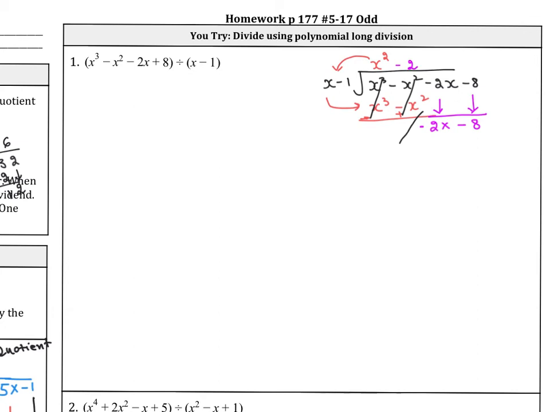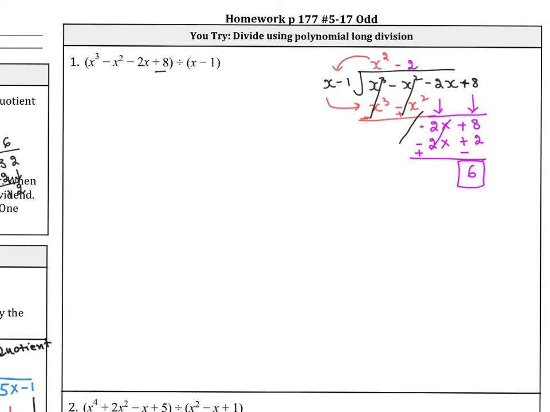So negative 2 times x is negative 2x. Negative 2 times negative 1 is positive 2. I just realized that I made a mistake here. It should be positive 8. So I'm going to turn it into a positive 8 here. And here I'm going to change the sign. So what you're going to get is negative 2x, positive 2x cancel. 8 minus 2 is 6. So your remainder is going to be 6.